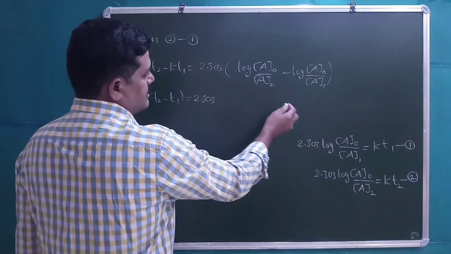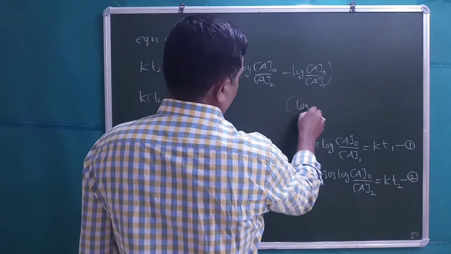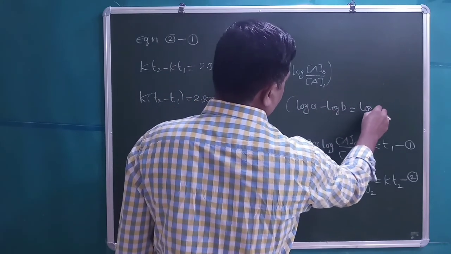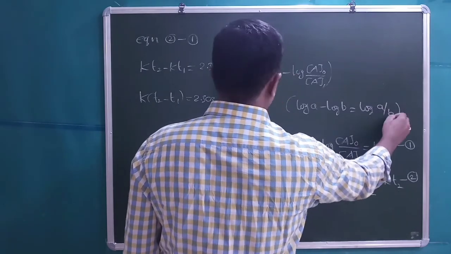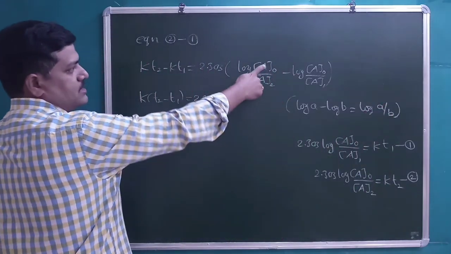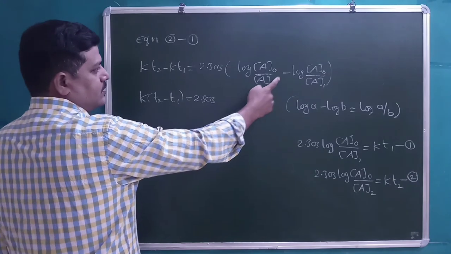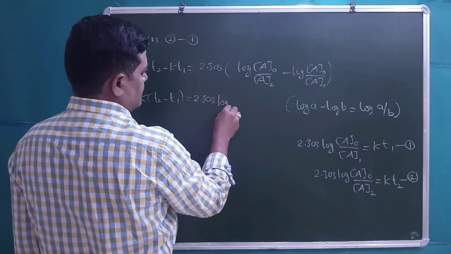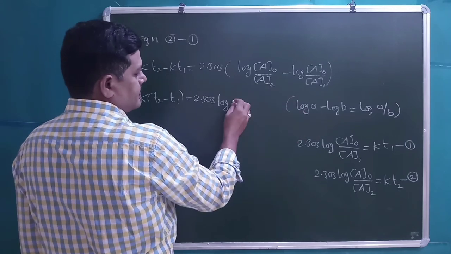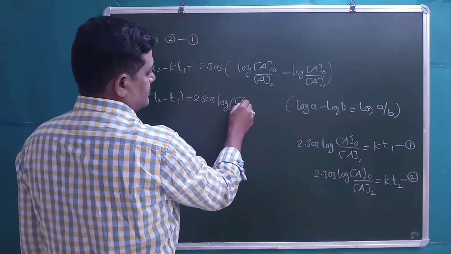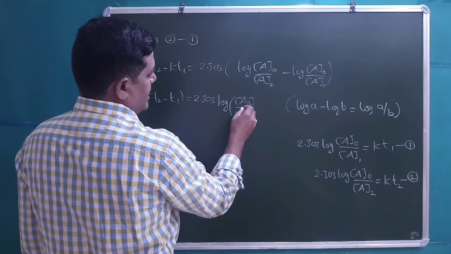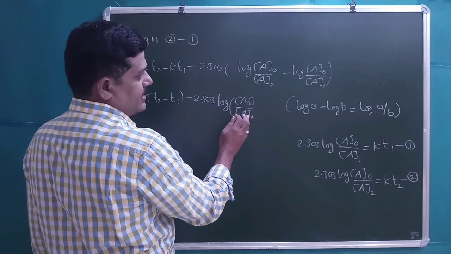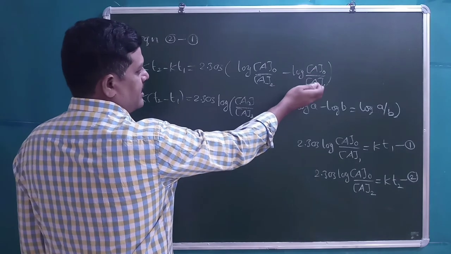2.303. This is in the form of log a minus log b, which we can write as log a by b. Here a is A0 by A2 and b is A0 by A1. So we write log of A0 by A2 divided by A0 by A1.